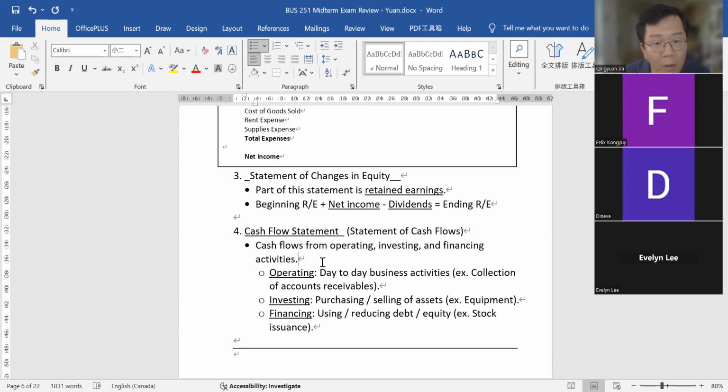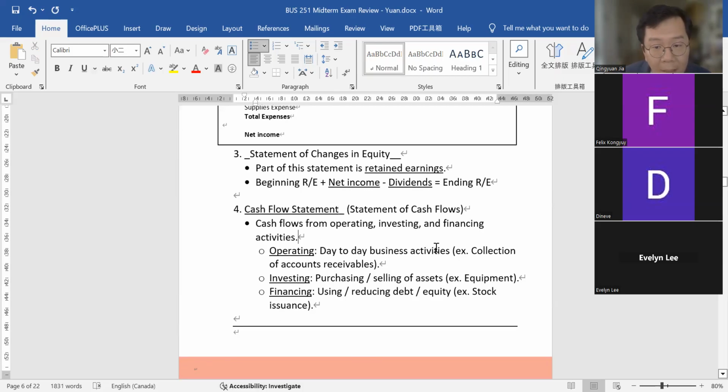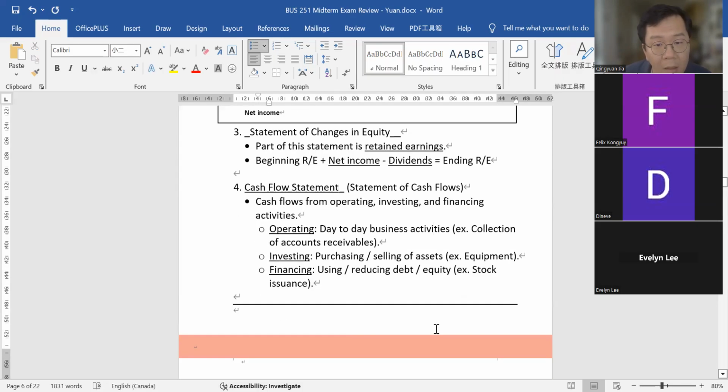So the cash flow is always from operating, investing and financing activities. For operating, it's like day-to-day business activities. For example, you collect the accounts receivable from your customers, from other companies, and also it could be the cash income from the service or selling product, some stuff like that.